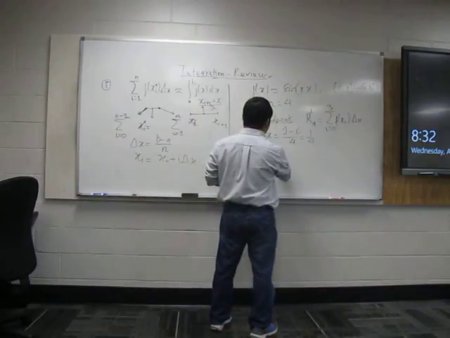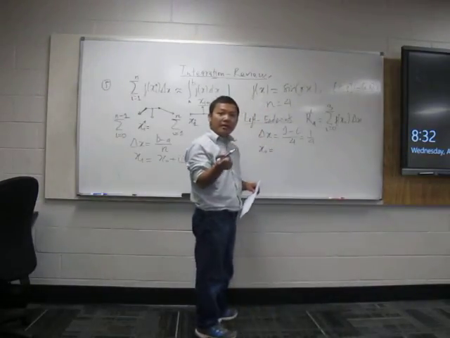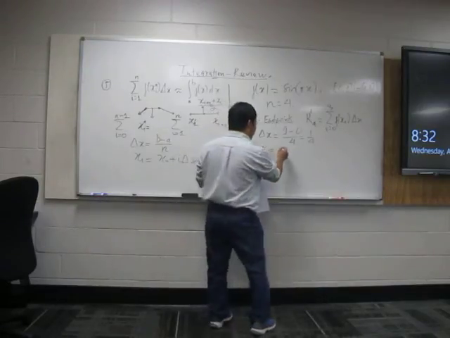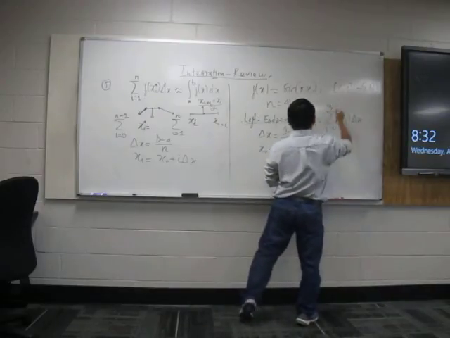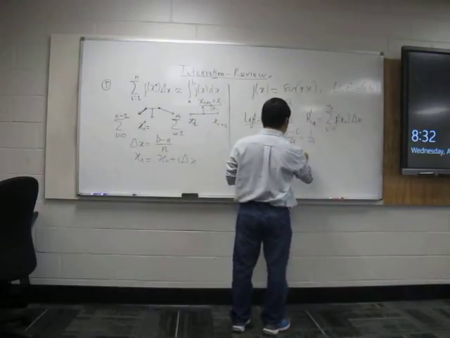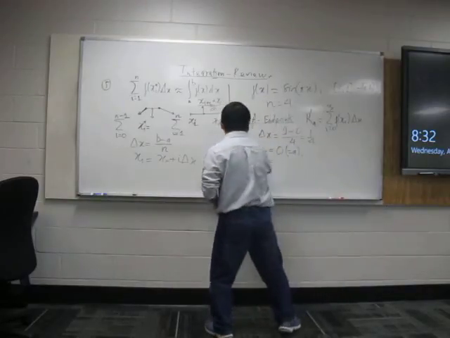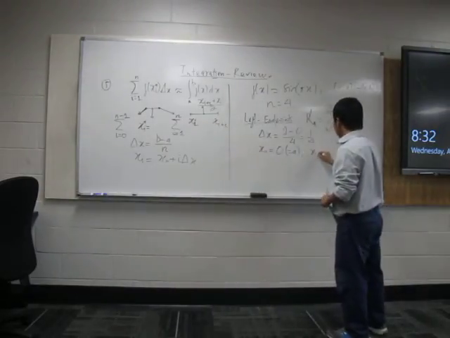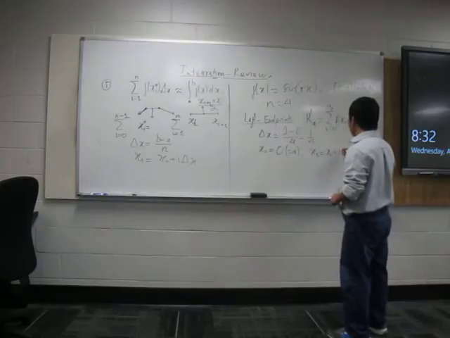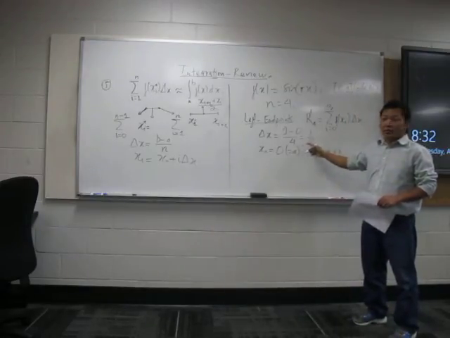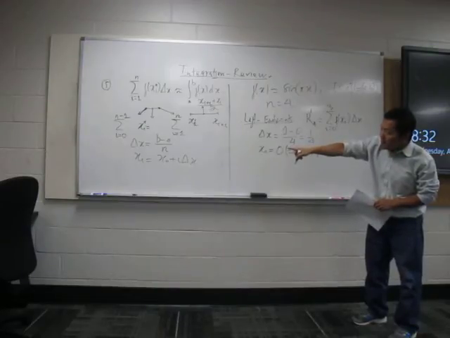And then I calculate. First x0. X0 is a, which is 0. X1 is x0 plus 1 times delta x, because xi is equal to x0 plus i delta x.